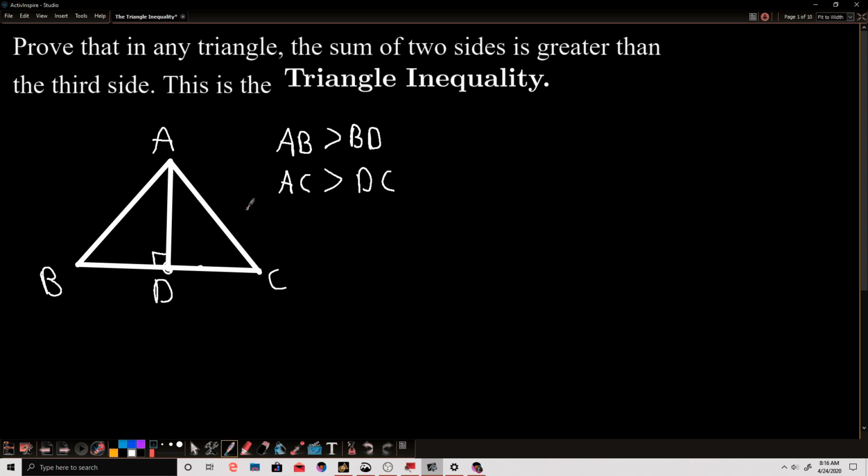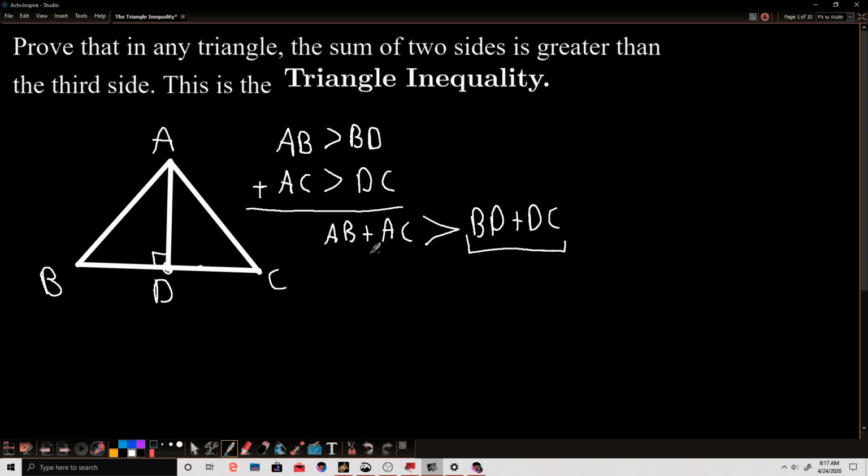And if we add these two inequalities together, we get the following, that AB plus AC is strictly greater than BD plus DC. And if we simplify this, well, what is this?